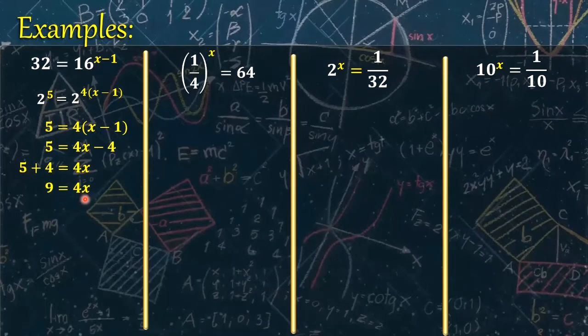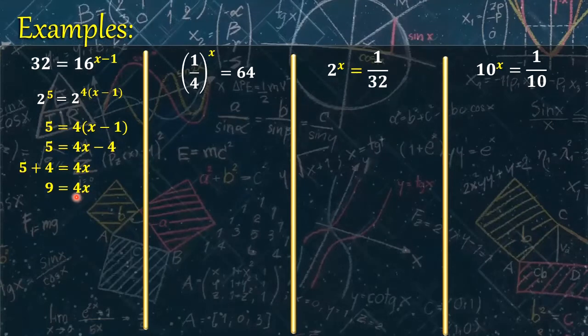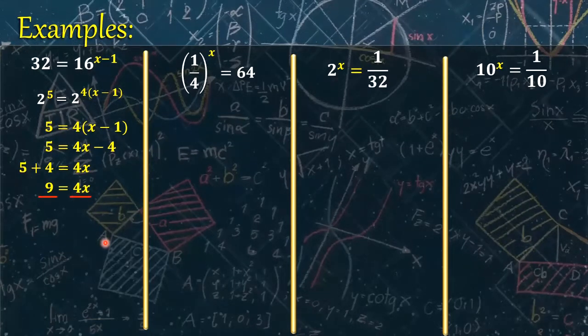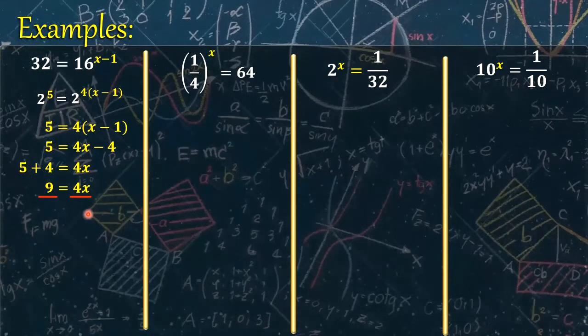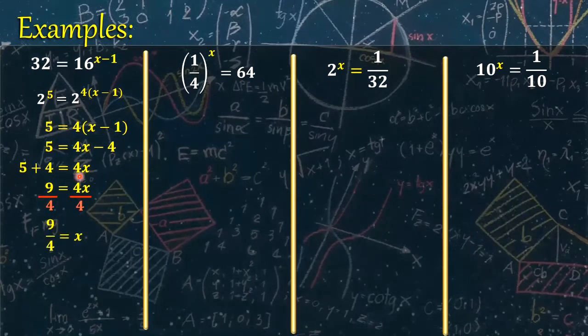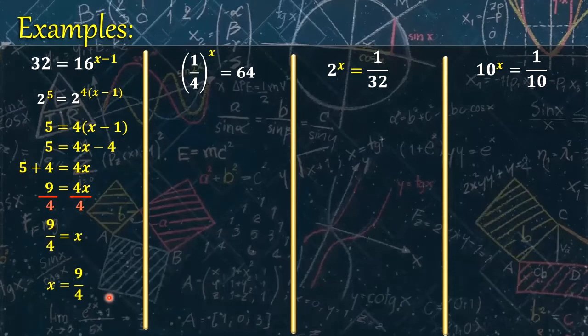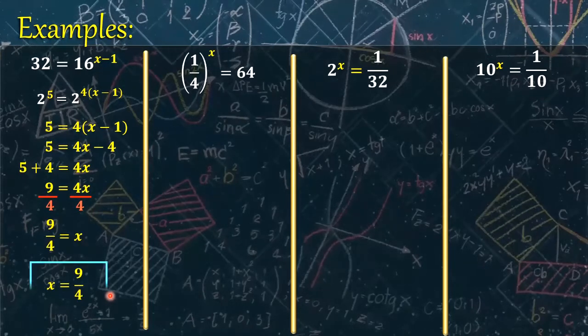Then, to isolate x, para wala na siya coefficient, we need to divide both sides to whatever coefficient ni x. So, since 4 man, so divided by 4, cancelled out. Therefore, the value of x is equal to 9/4.